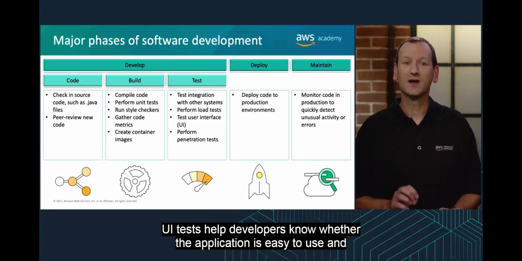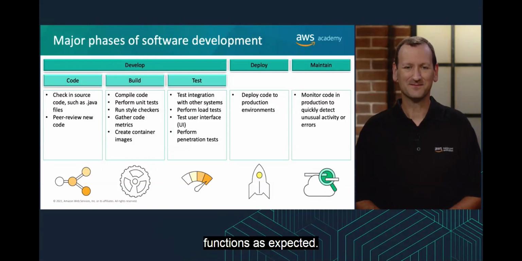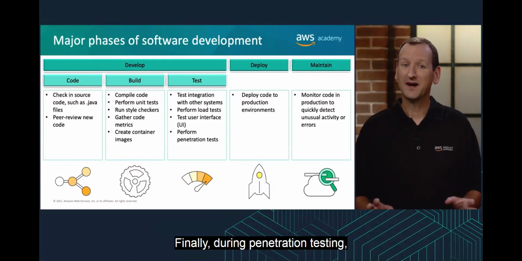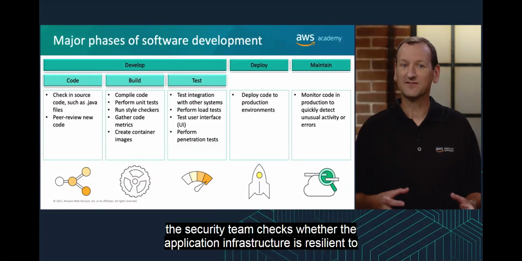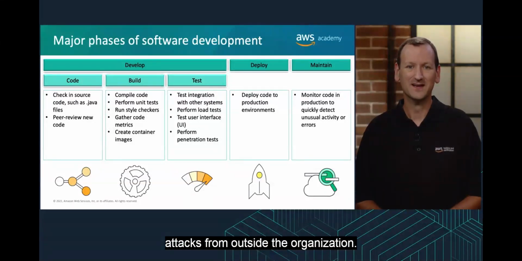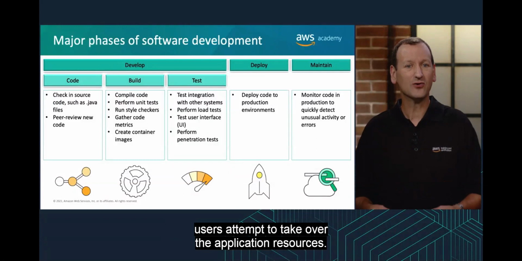UI tests help developers know whether the application is easy to use and functions as expected. Finally, during penetration testing, the security team checks whether the application infrastructure is resilient to attacks from outside the organization. The purpose is to simulate situations where malicious, unauthorized users attempt to take over the application resources.